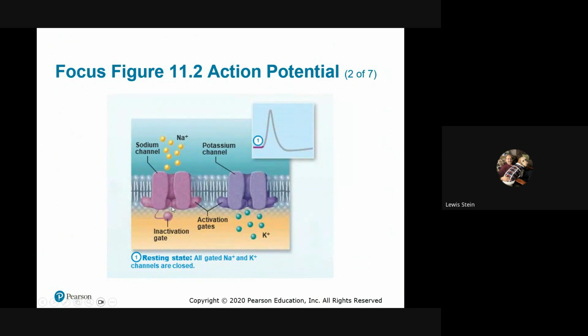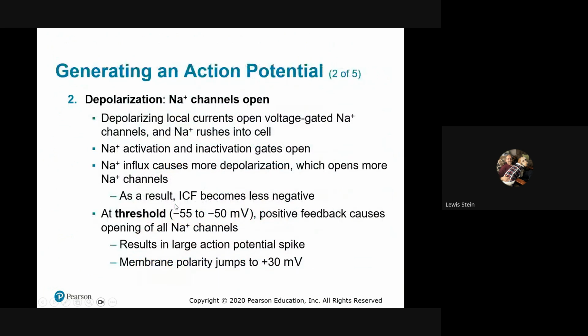So at rest, this is it. You can see the electrical design. This is basically showing the action potential. None here. Resting membrane potential. Nothing's flowing in, nothing's flowing out. Those are the gateways that are closed. When it's sufficient to depolarize, understanding this is an action potential, not a local potential, the currents open those voltage gated channels.